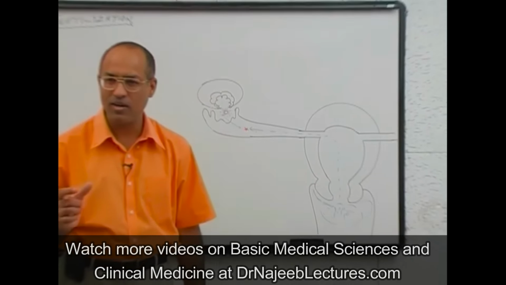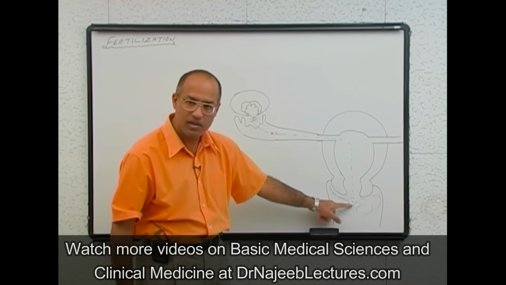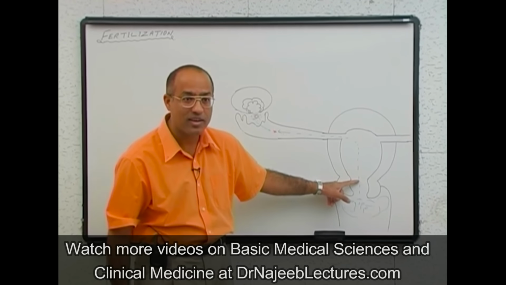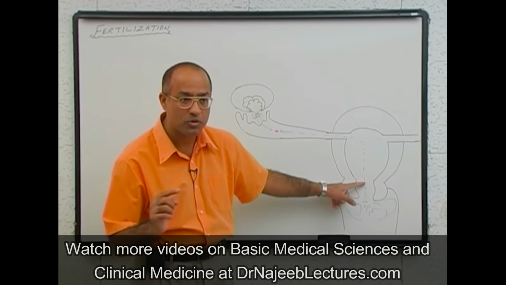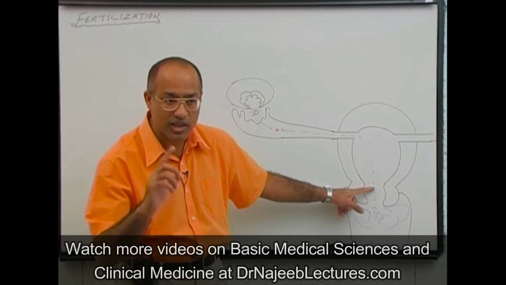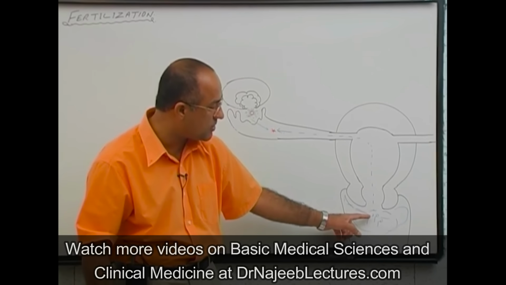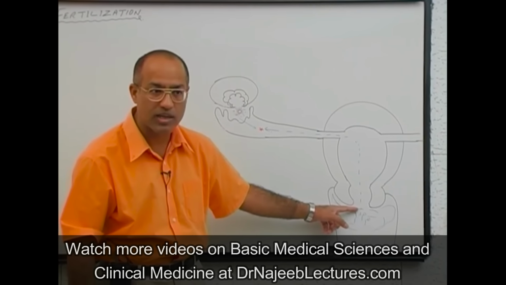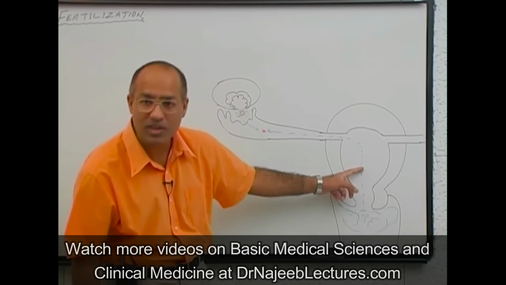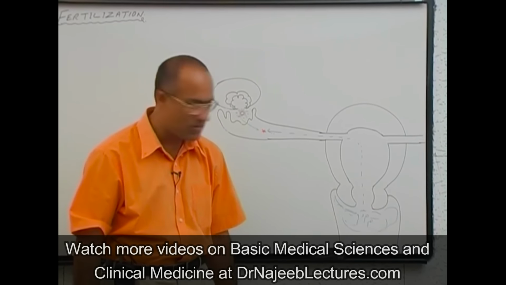What propels the sperm through this? Yeah, the tail of the sperm. The tail of the sperm moves, and this propulsion by the tail helps the sperms travel from the vagina through the cervical canal into, what is this? Uterine cavity. Is that right?